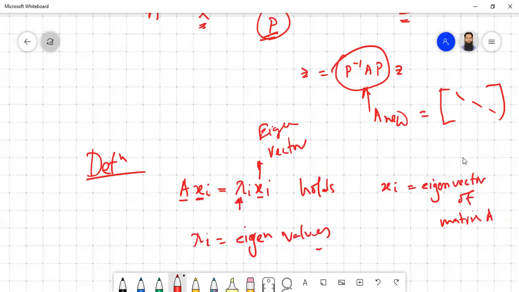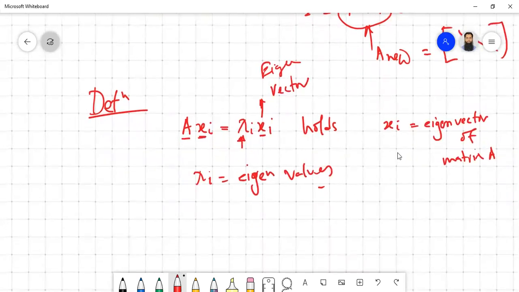Graphically, what it means is basically this. If you have a vector X and it is multiplied by A, then it should stay on the same line, maybe smaller, squeezed, or maybe expanded, but it has to be collinear.